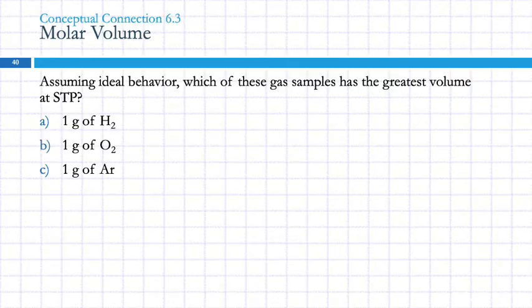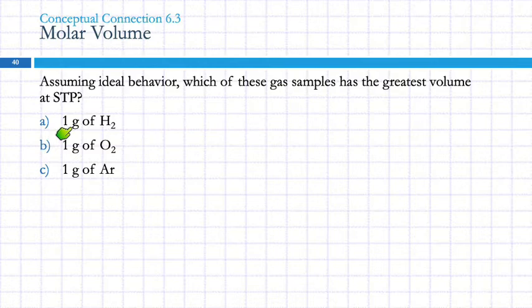Assuming ideal behavior, which of these gas samples has the greatest volume at STP? 1 gram of hydrogen, 1 gram of oxygen, or 1 gram of argon? This is a conceptual problem. We're not supposed to have to really do math. The hydrogen.